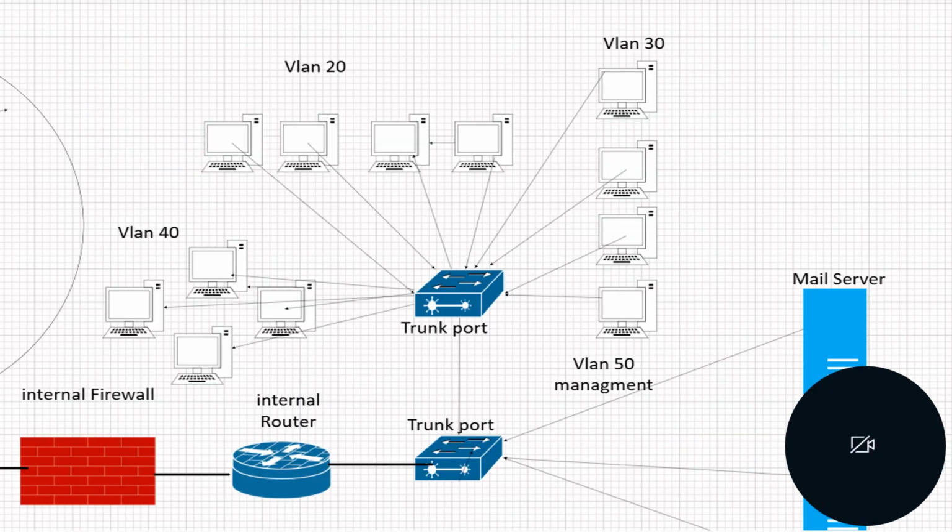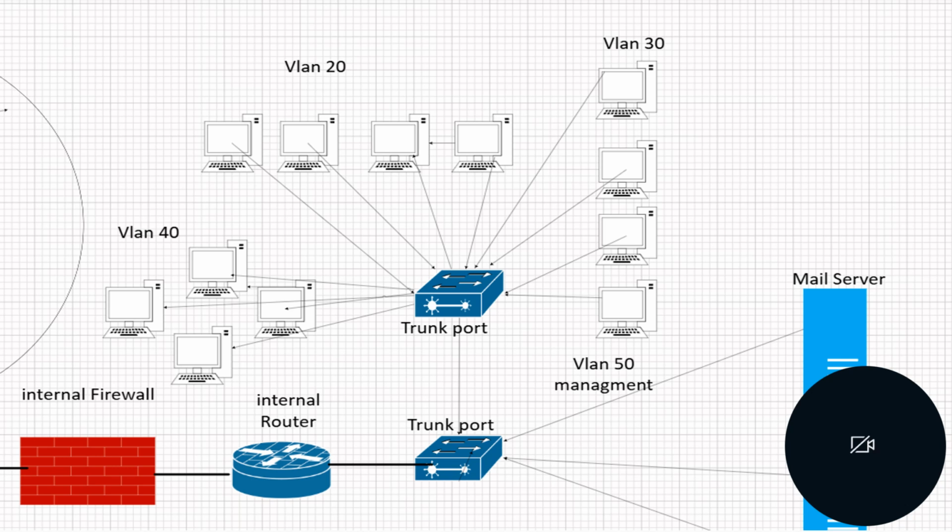Let's go to the next part of the slides. Here you can see clearly we have a firewall, an internal router, and a switch. Two switches are connected with each other, and they have a trunk port. The trunk port is used because if there are many VLANs on one switch, we have to make a trunk to route all the VLANs through the same port.